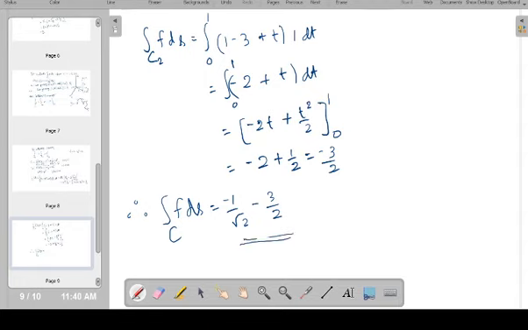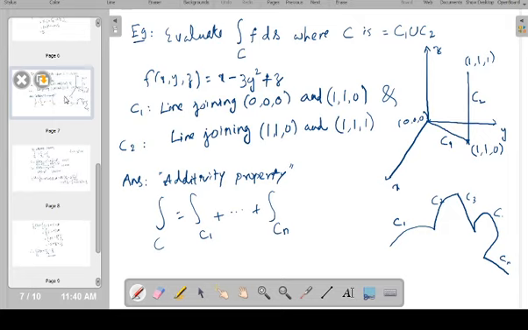The point you have to observe here is that even though in the first example and in the second example the initial and the end points of C are the same. Initial point was the origin and the final point was the point 1, 1, 1.